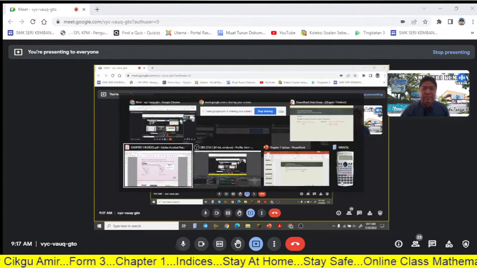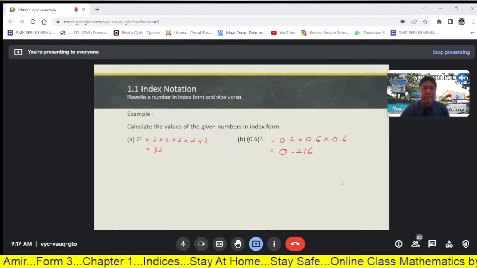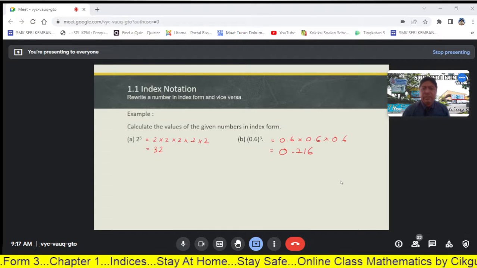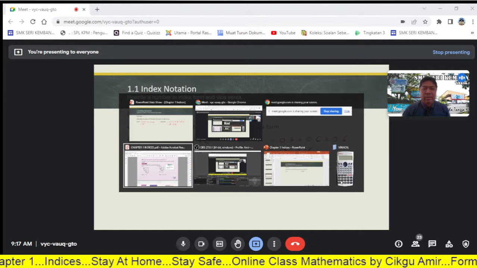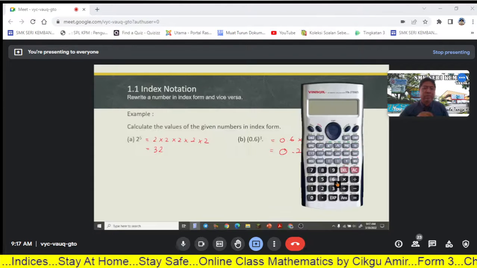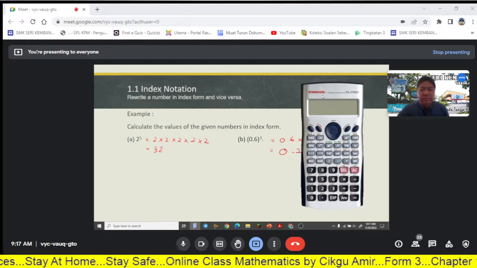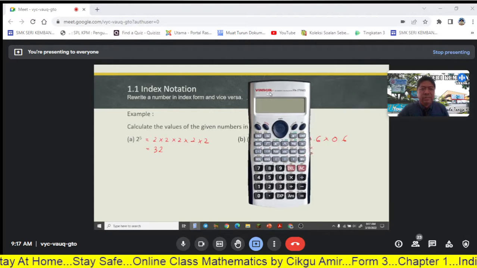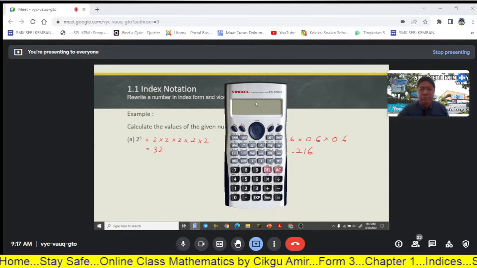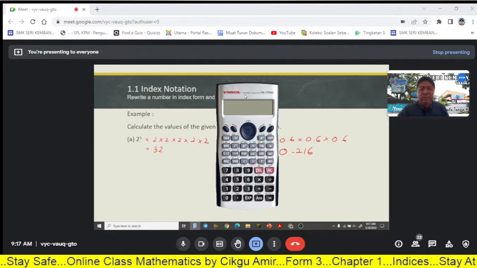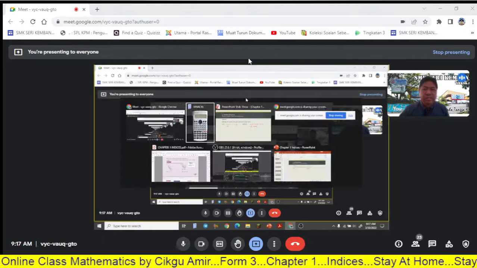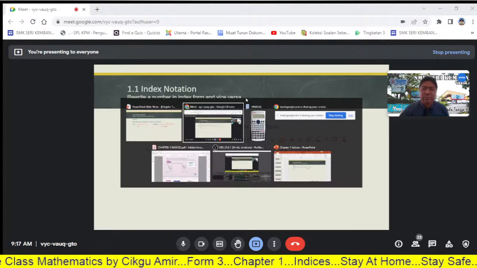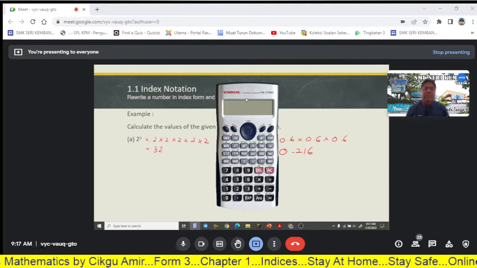Where is my slide? Here. And I have my calculator. Can you see the calculator here?